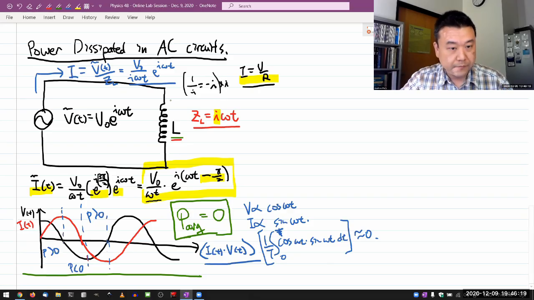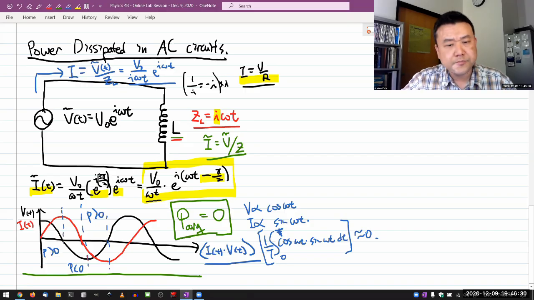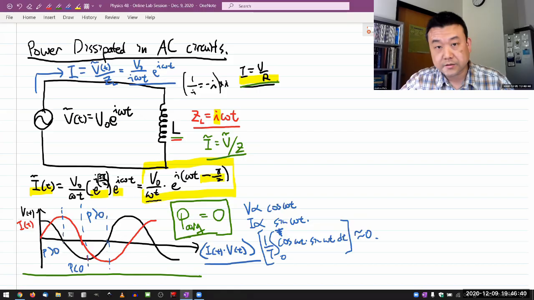Even though this expression, that the complex current is voltage divided by Z, looks like Ohm's law, a certain aspect of Ohm's law isn't there, because Ohm's law always relied on some kind of power dissipation in the element. But the inductor comes from Faraday's law, and it involves no power dissipation.